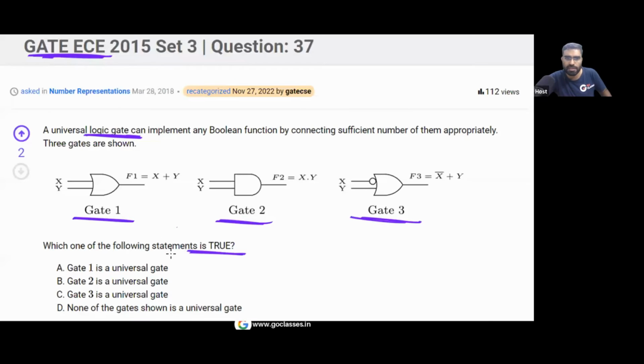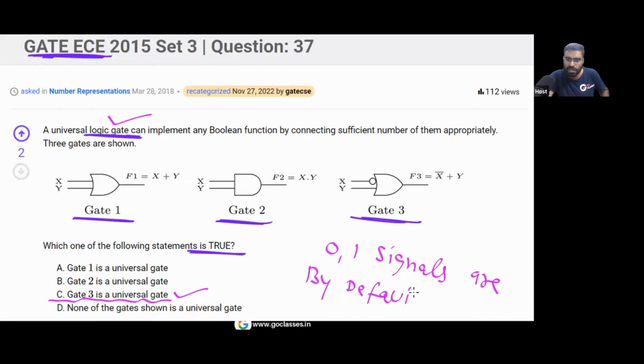This is your GATE electronics question. The question is asking which is true, and you can see gate 3 is universal gate. That can happen because we are discussing gates, so 0, 1 signals are by default available.